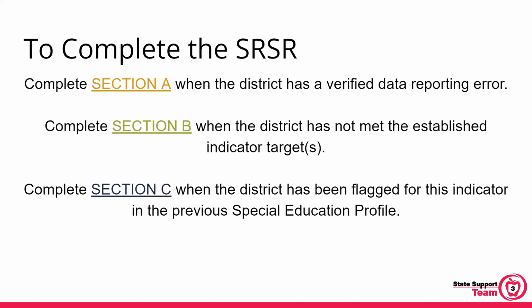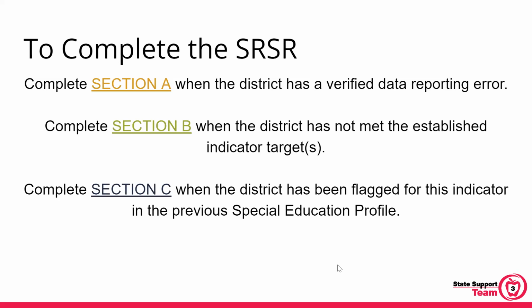So on the SRSR, the 3 sections, Section A is completed if your district has a verified data reporting error. So where information was incorrectly submitted in EMIS that caused you to either not meet the graduation threshold or exceed the dropout threshold.